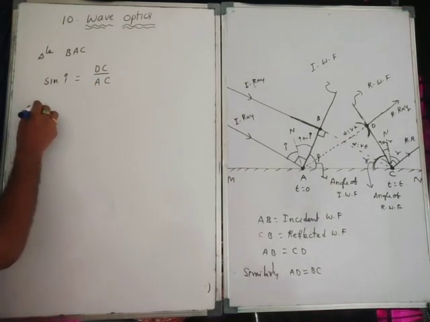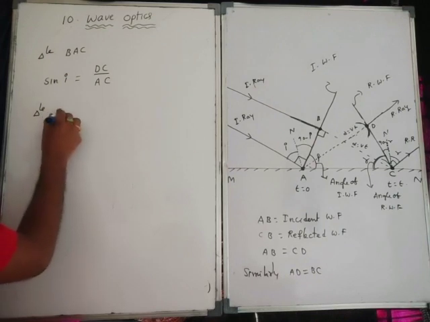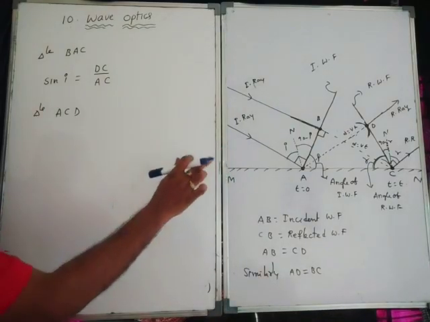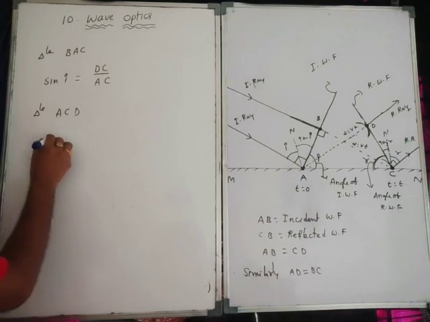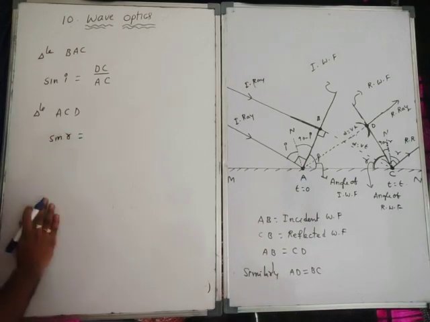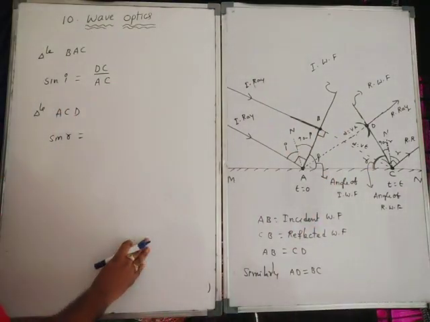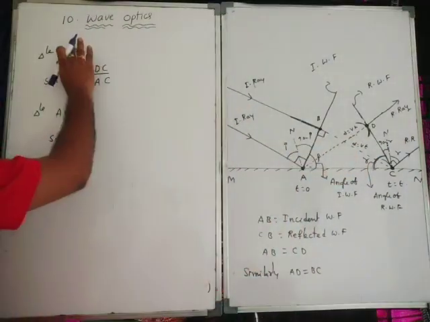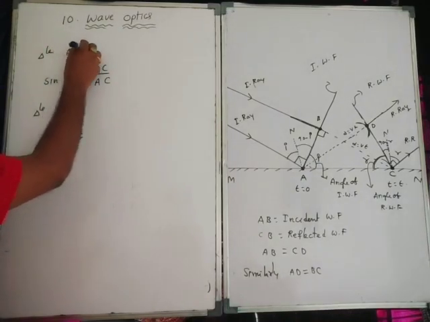Similarly, triangle ACD, sin R is equal to, now triangle. What is the triangle I took there? So triangle ADC. Sorry, this one.